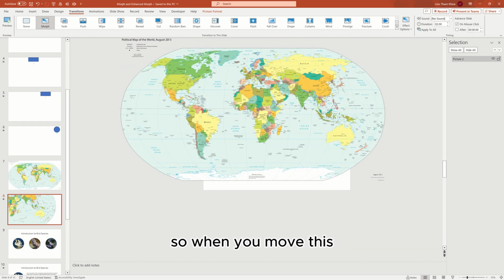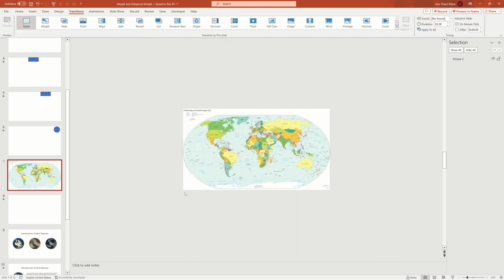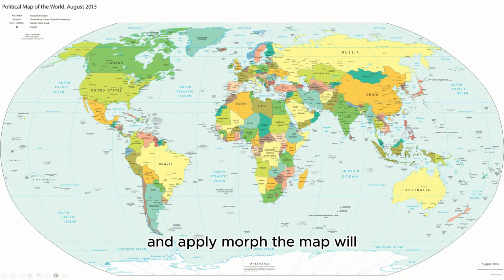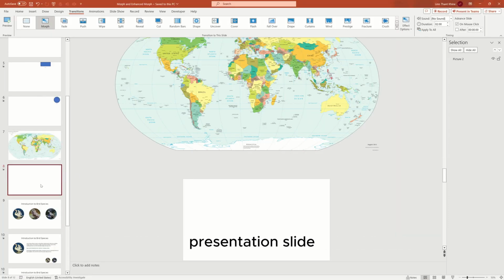When you move the map out and apply Morph, the map will move away to the outside of the presentation slide.